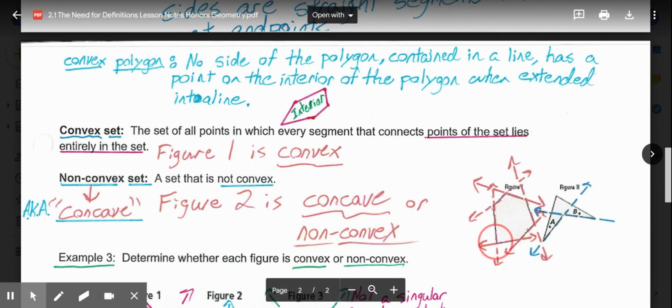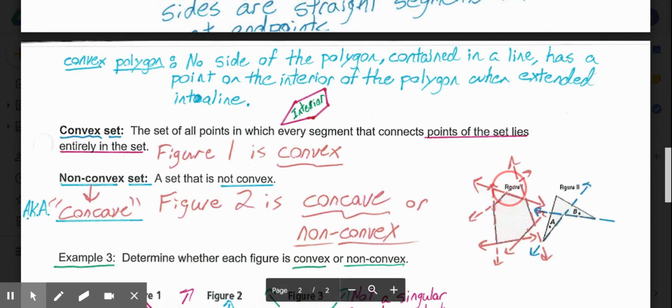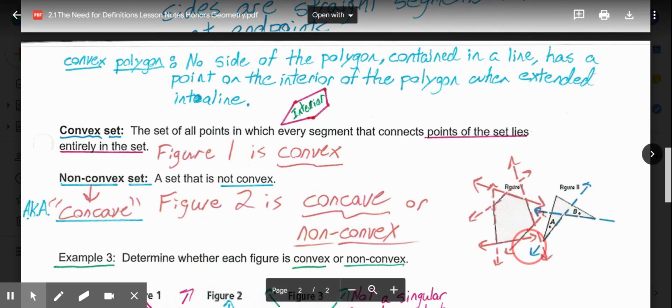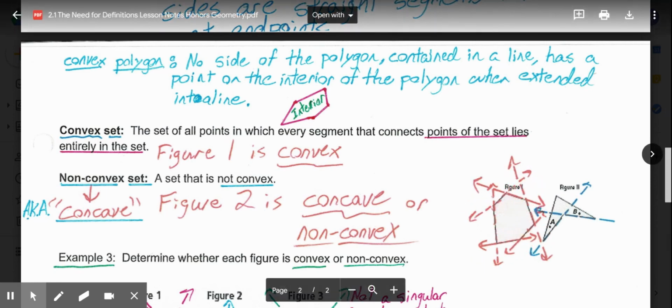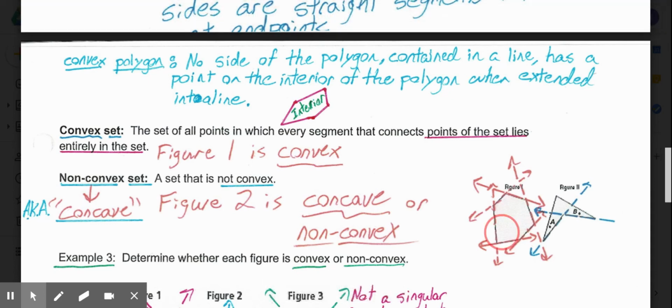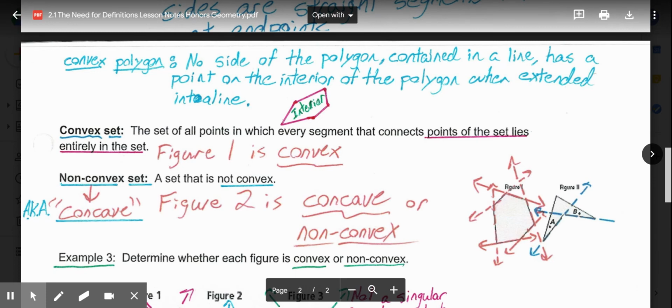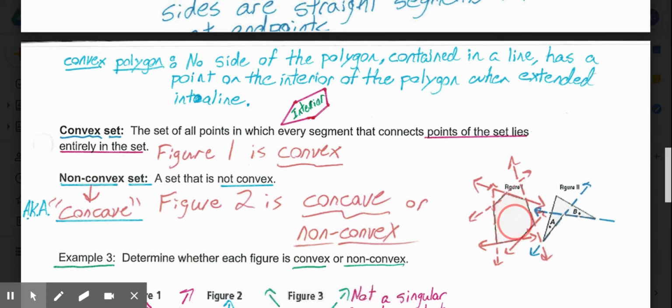So if I extend all these segments into lines, so every segment along the exterior of this figure is extended into a line, all the points are inside the set. Not a single point on these sides would end up outside of the set. Everything's contained on the interior.